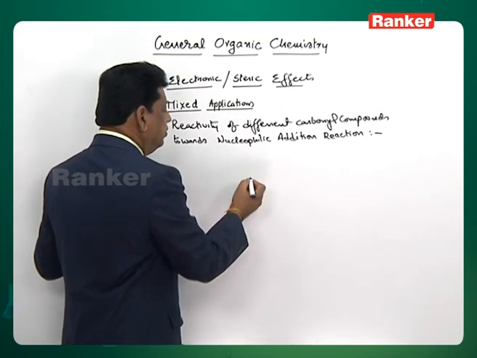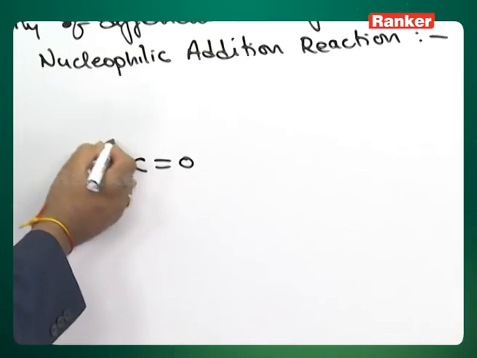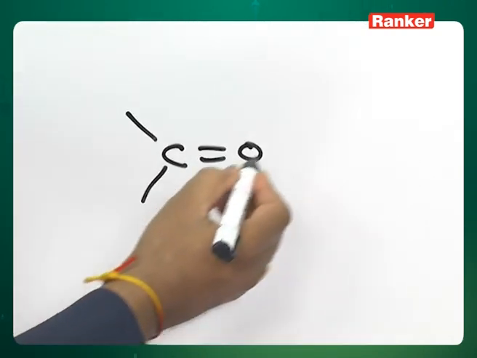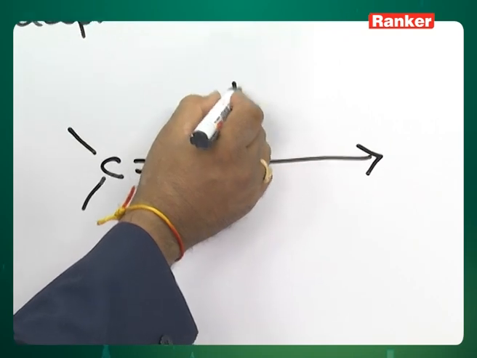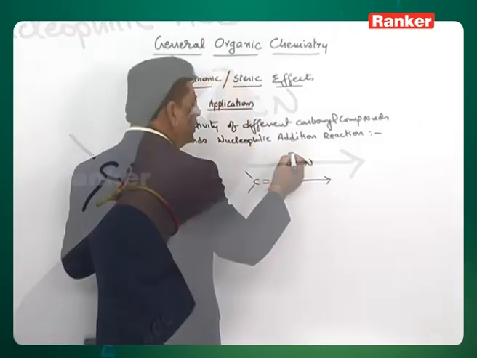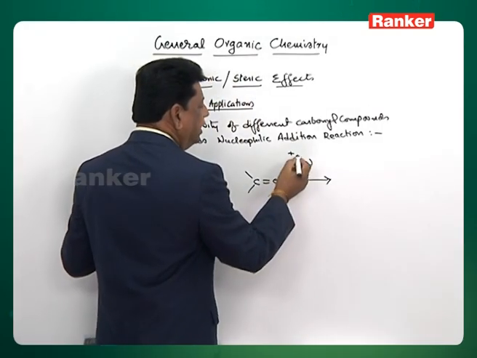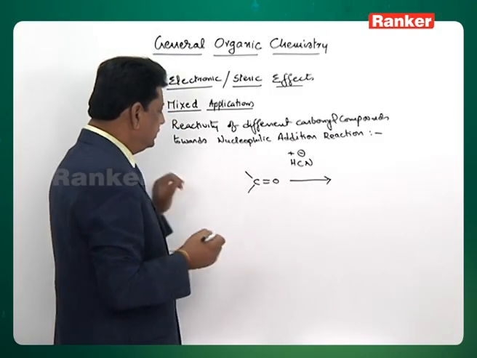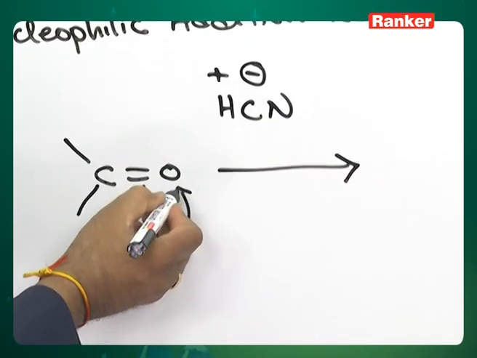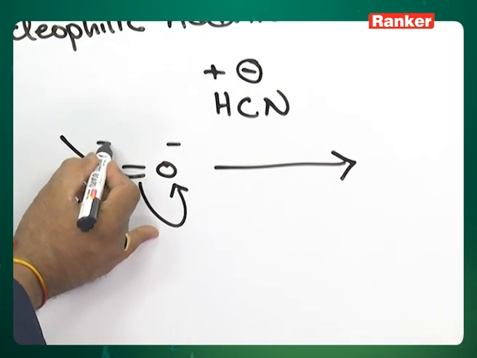What exactly does the nucleophilic order mean? For example, if you take any carbonyl compound and treat it with a reagent like HCN, in which H is the electrophile and cyanide minus is the nucleophile, this compound often opens up into a minus and a plus.